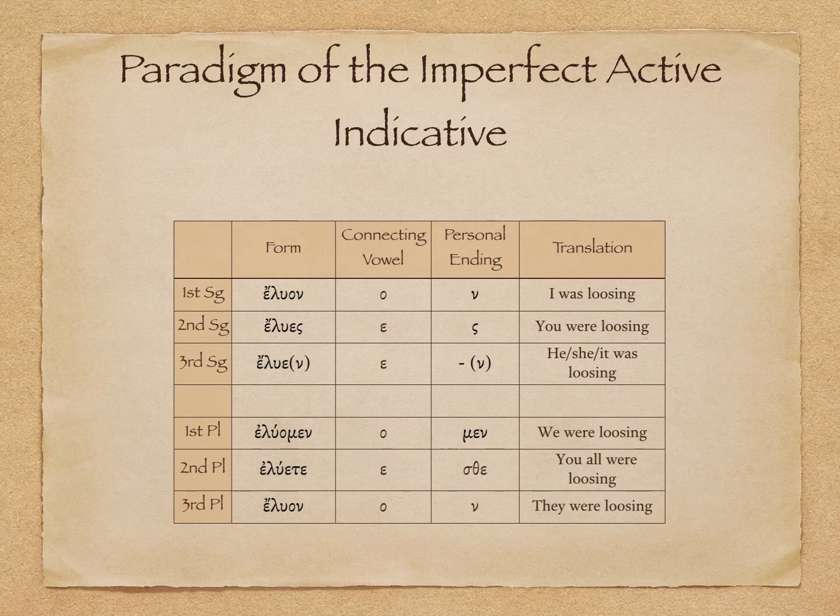Omicron, because any mu or nu personal ending has omicron as the connecting vowel. And then you can see the personal endings, nu, s, or sometimes a nu could be there. It would depend on the word. And then men, te, n.